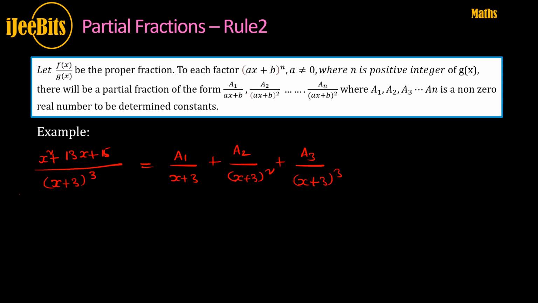So we have a degree of 3 and you should end with a3. That's the meaning of your n, n means n terms. This is ax plus b whole square till ax plus b whole power n.